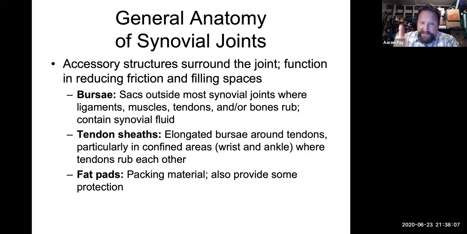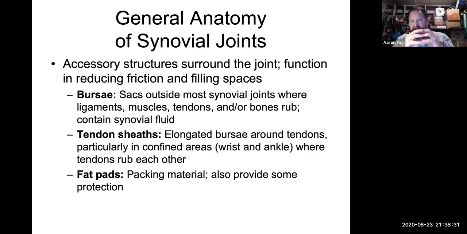So this is where you see ligaments, muscles, tendons, or bones tend to rub up against each other or against bone. There you will have a bursa to act as padding. Also, you'll have a fair amount of adipose tissue or fat in this area, which also acts as padding. But sometimes the fat is not enough, so you need the bursa to protect these tissues.